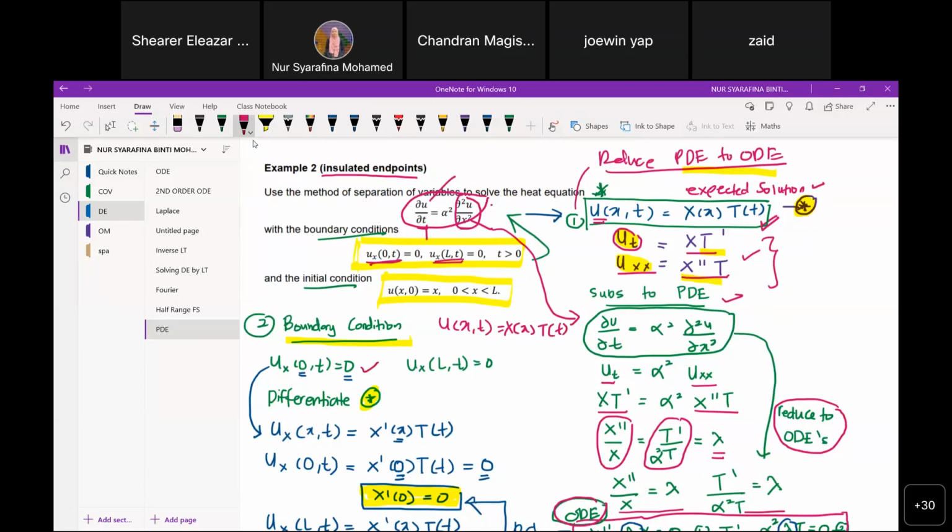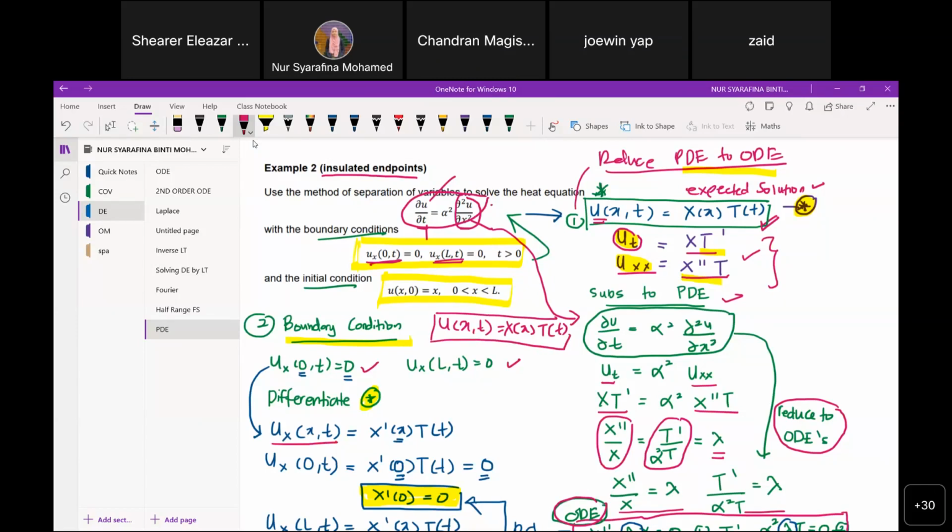So in order to use this condition, you need to differentiate the expected solution with respect to x. So we have u_x, where u_x is X'(x)T(t). Now matching with the first condition, u_x(0,t) equals 0.